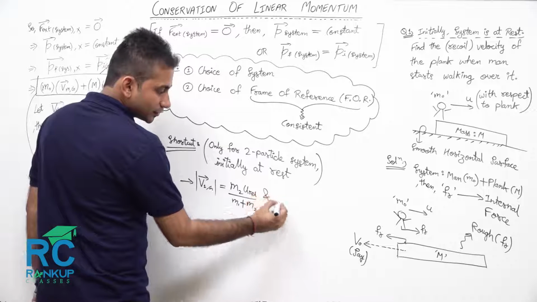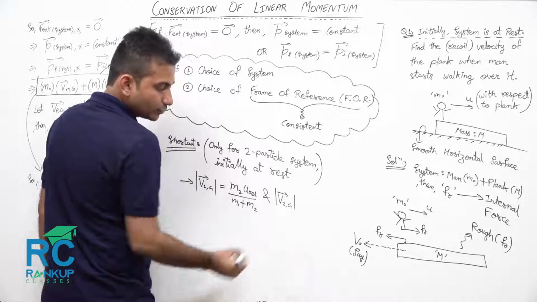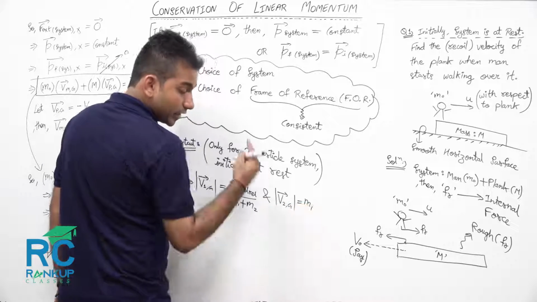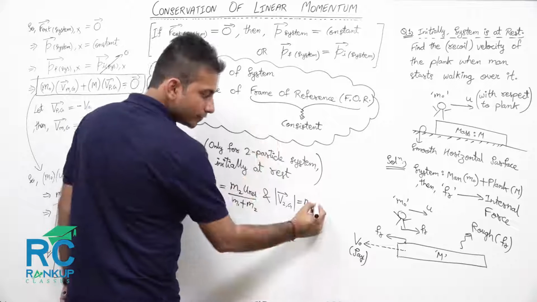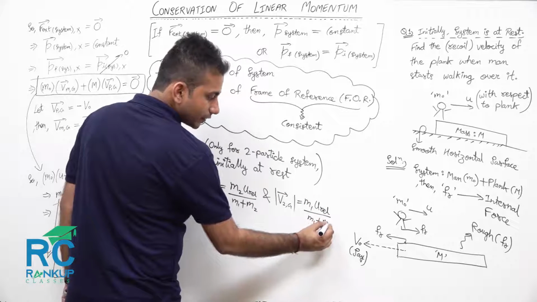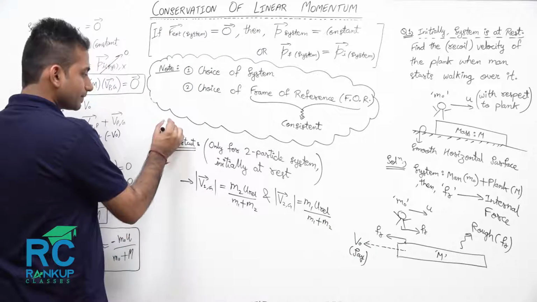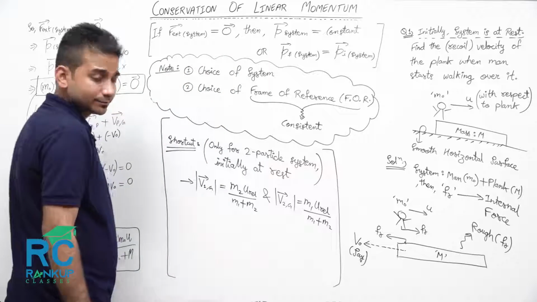And in a similar fashion, velocity of 2 with respect to ground will be given in magnitude by m1 into u relative over m1 plus m2. Is it fine? The shortcut?